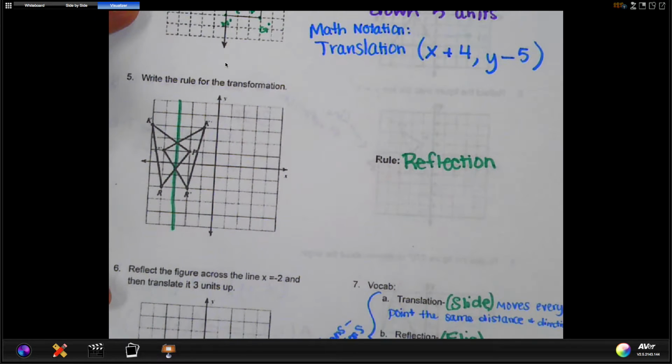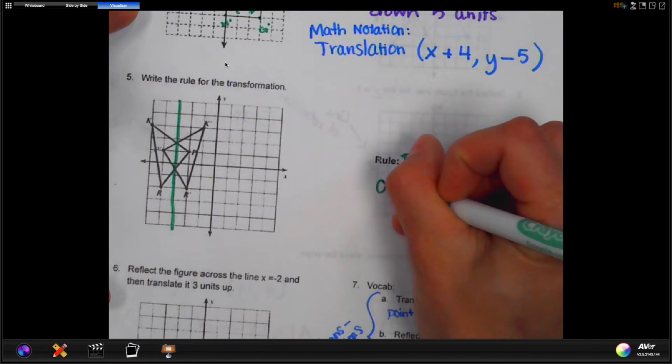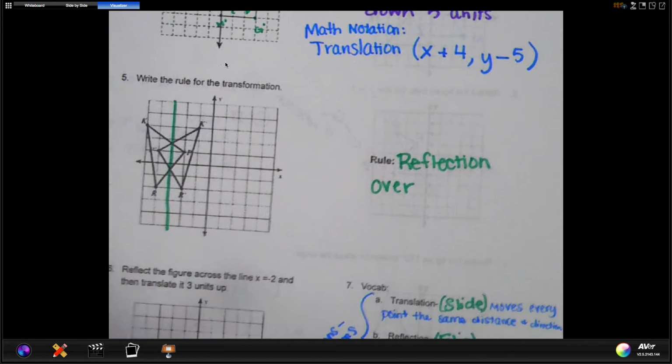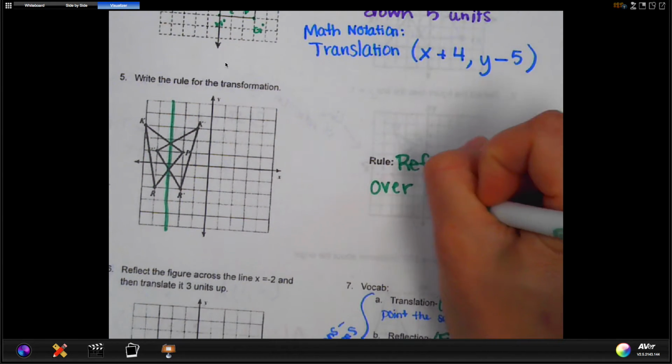Everything's equal. So we need to say our reflection is over, and now we need to figure out which line that is. So we check, is this the x-axis or the y-axis exactly? No, it's not. So we're back to our little rhyme. X stands like T-Rex, Y lies on its side. So this is standing like T-Rex, so we know it's going to be x equals.